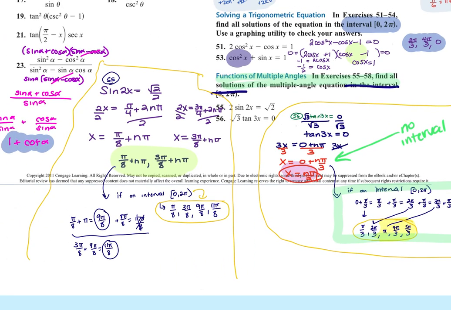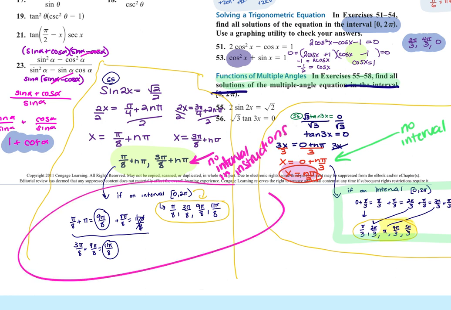On the left, I did the same thing. So for 55, this first one would be if there is no interval given. And the bottom is if there is an interval given in the instructions. So make sure that you would know how to do it both ways.